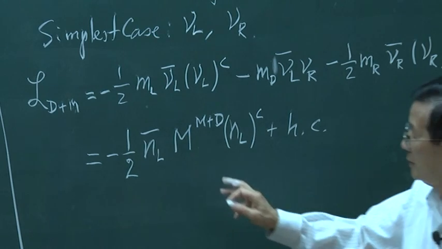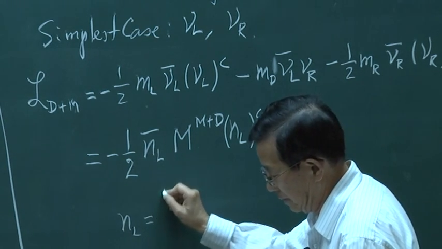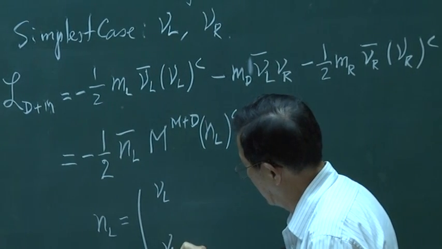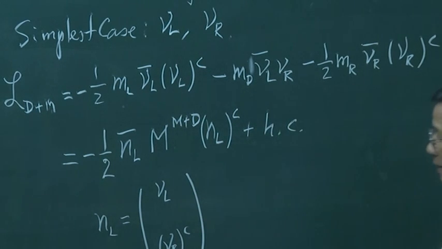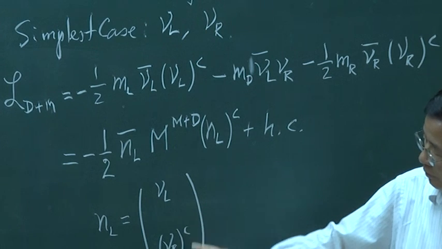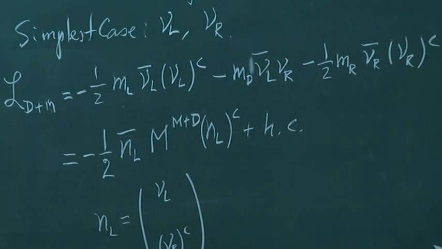And this N L is a column vector equal to mu L and then mu R C. You remember that this is a left-handed field, so all these components are left-handed fields here. Okay?